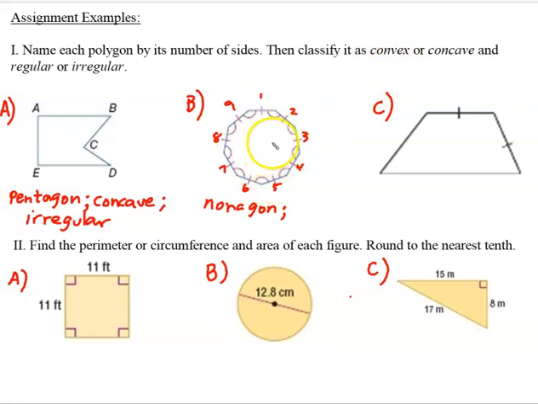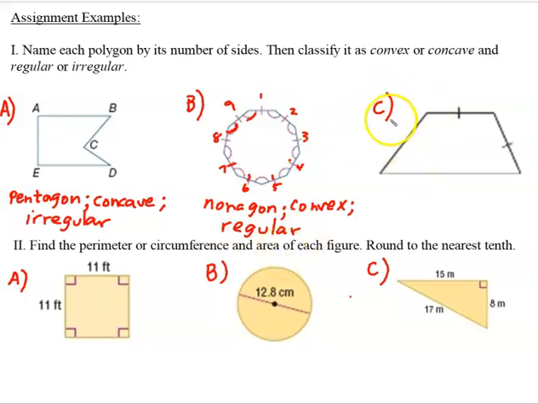We don't have any intersecting lines on the interior. And it's also regular because every side is congruent. You know that because every side has that little mark, means that they're the same in length. And the angles have this curve indicating that they're all the same measurement. So when sides are the same and angles are the same, this is regular.